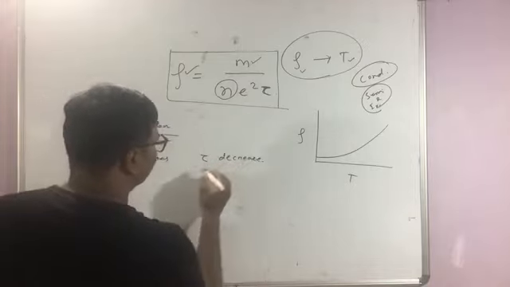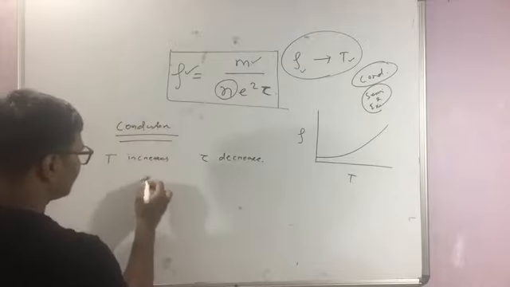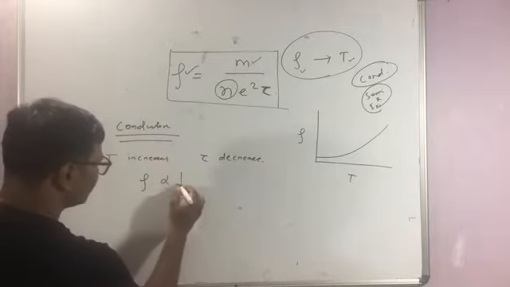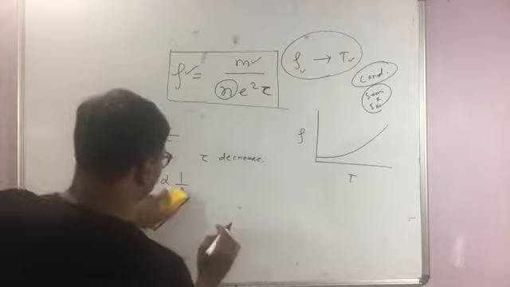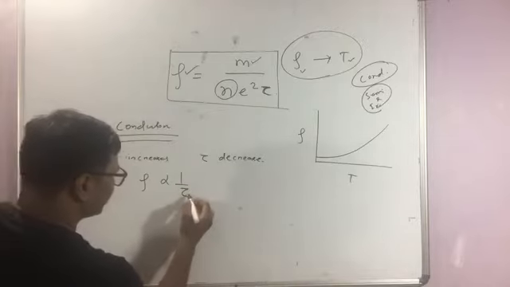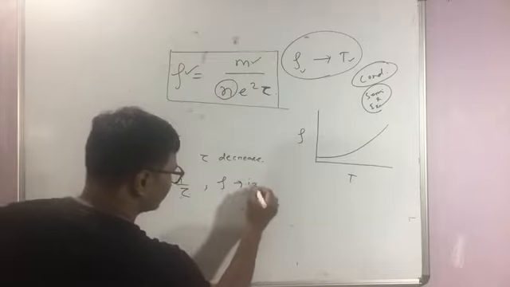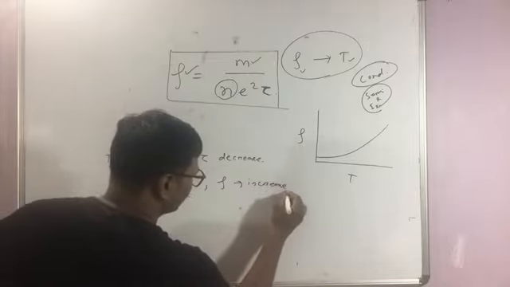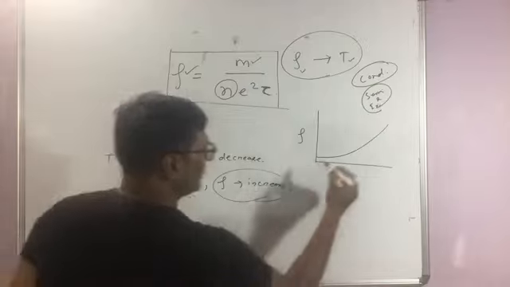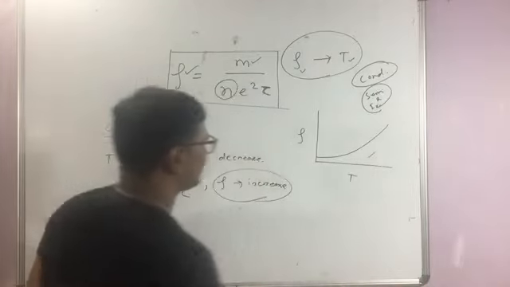If the relaxation time decreases, then as resistivity is inversely proportional to the relaxation time, since tau decreases, resistivity increases. This is the cause. That's why if you plot a graph, the graph will be like this.